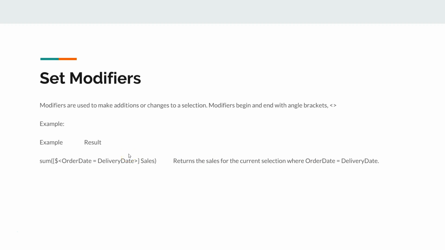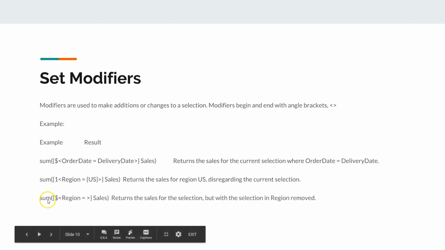Let's see another example. Here we are saying give us the sales only for the region US and disregard all the selection, as we have passed the identifier 1. Similarly, over here we are saying give us the sales for the current selection but disregard the selection in the region.